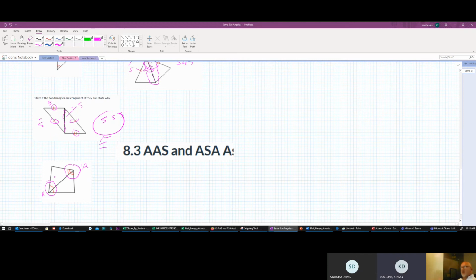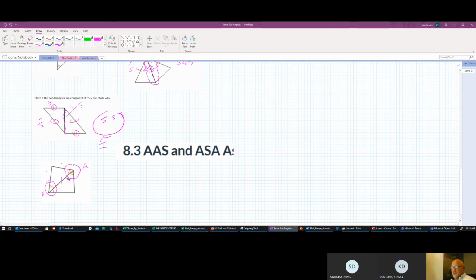All right. And what other parts of this triangle would be congruent? The other angles. Well, we don't know that yet, but the side. Is it this side or this side? The shared one.